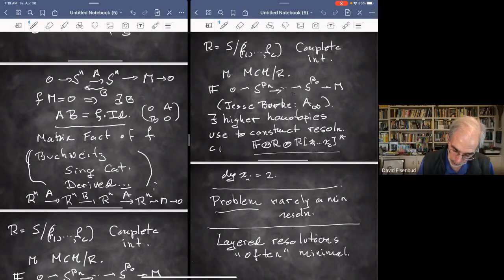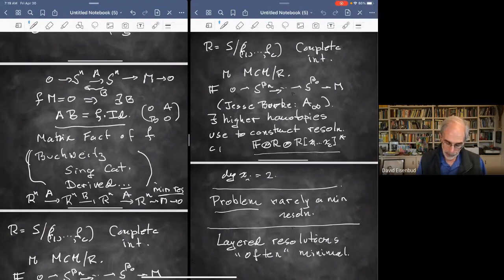This is the minimal resolution of M. So from a matrix factorization, you both see a nice structured resolution of M over S and a nice resolution of M over R. And there's a little more structure to this.